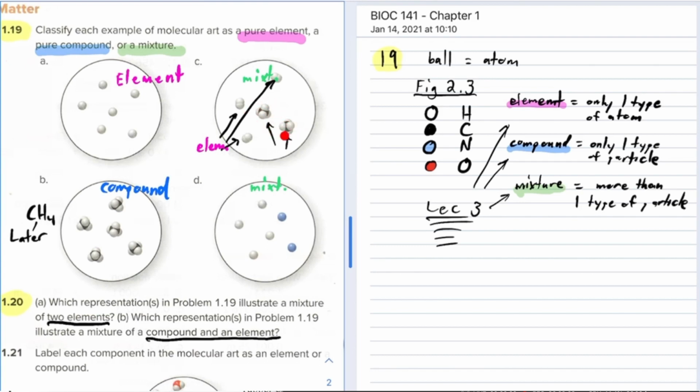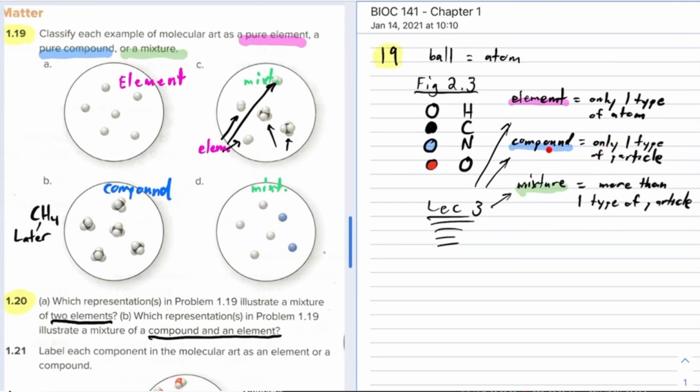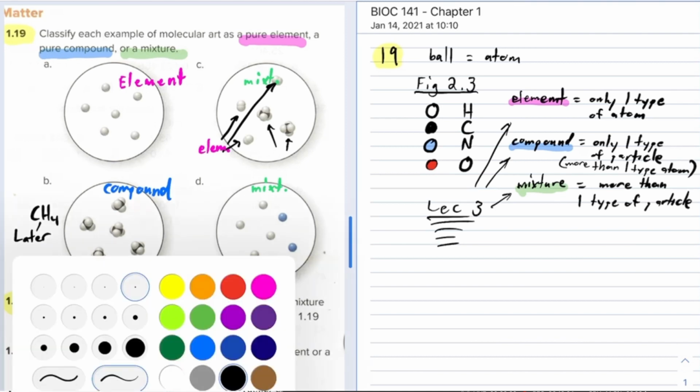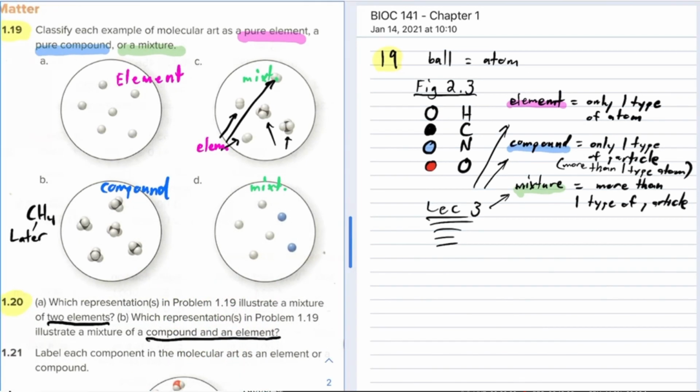So these 2 particles are compound particles because compound particles are not elements. They have more than one type of atom. I should have said that over here on the right. More than one type of atom. Sorry about that. Okay, and so you can see that those are compound particles over here. Compound. All right, so C is a mixture of a compound and an element.